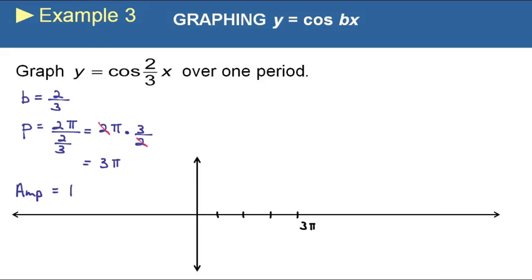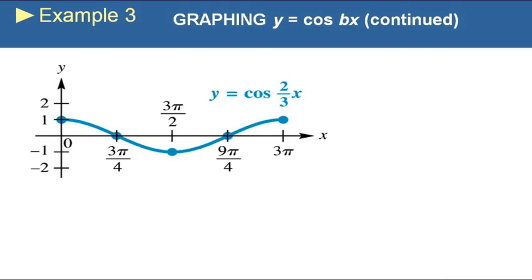And the basic shape is going to go high, middle, low, middle, high. And connect the dots. And that is one complete cycle of the cosine of 2/3 x.